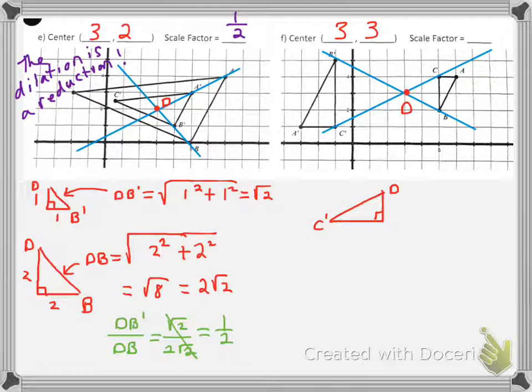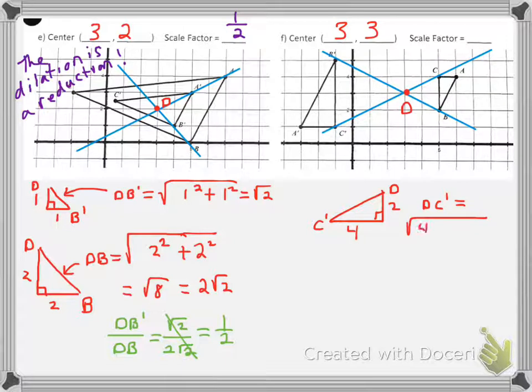So how did I get from D to C prime? If I go down 2 and left 1, 2, 3, 4, that's really distances of 4 and 2 there. So to get from C prime over to D, you go right 4 and up 2. And so what will the length of C prime D, or DC prime, be?